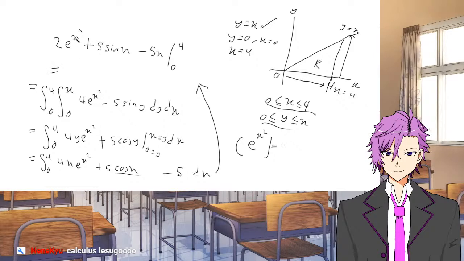So now if we add these values here, 4x, sine x, and 5x, it would be 2e to the power of 16 minus 10.